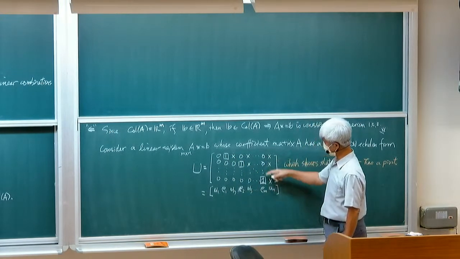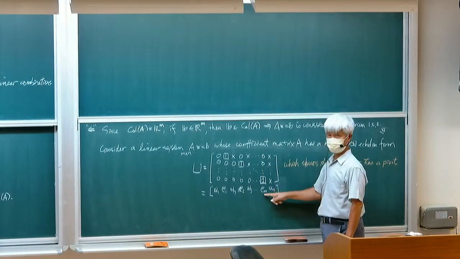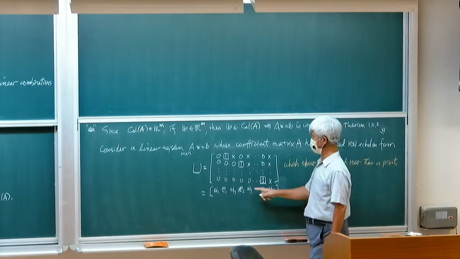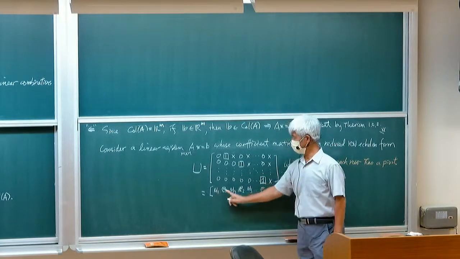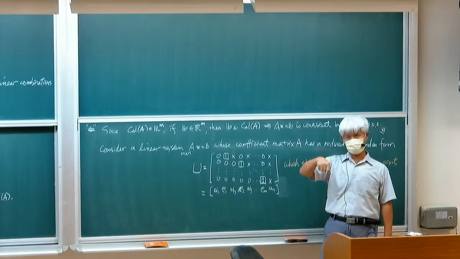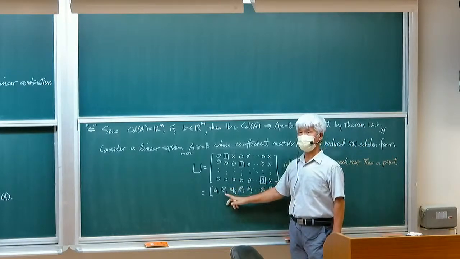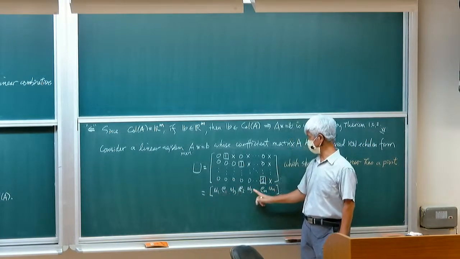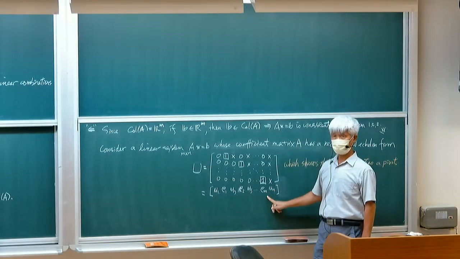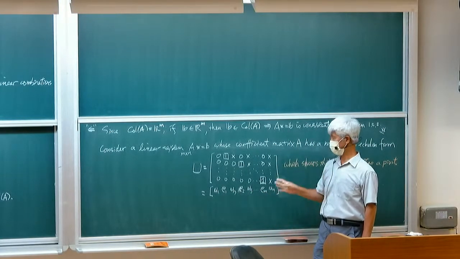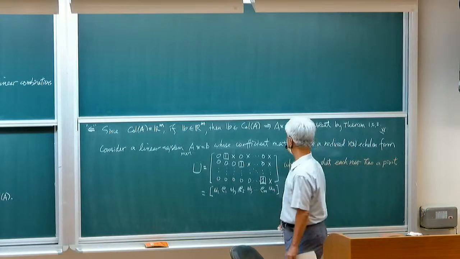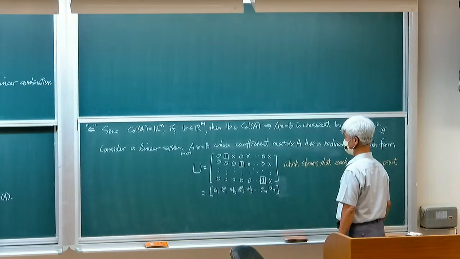And the last one is EM. So among the N column vectors, we have standard unit vectors E1, E2 up to EM in R^m.